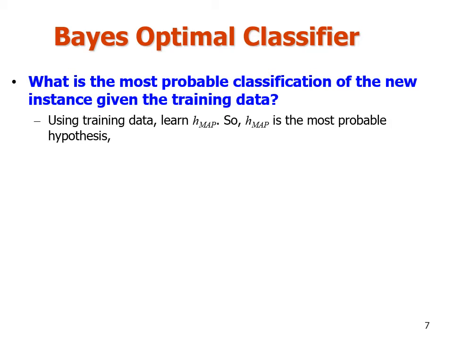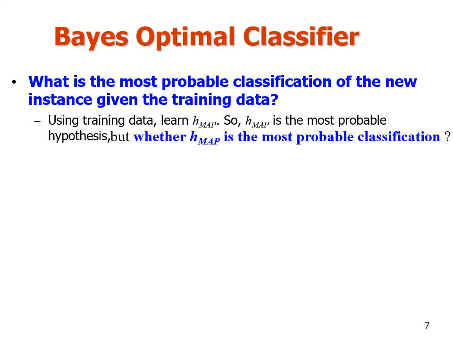We said H MAP is the most probable hypothesis. But the question is whether H MAP is the most probable classification as well.